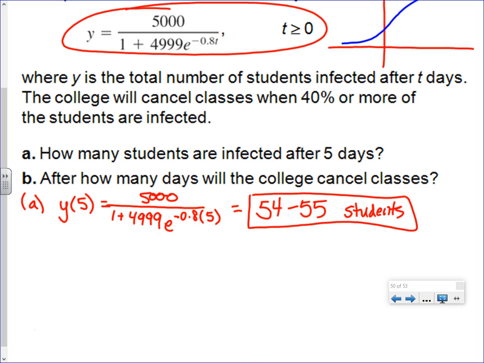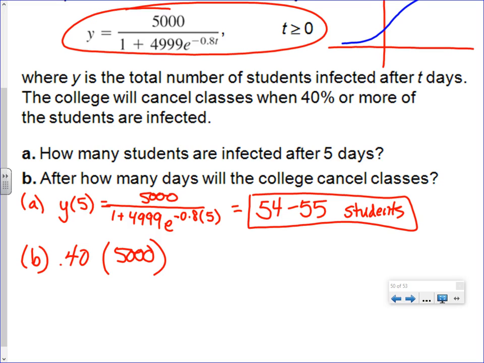What's letter B ask? After how many days will the college cancel classes? Well, hold on. How do we know whether or not they're going to cancel the classes? 40% of the kids have to be sick. First of all, what is 40% of the kids? Of 5,000. Who likes decimals? Not me.